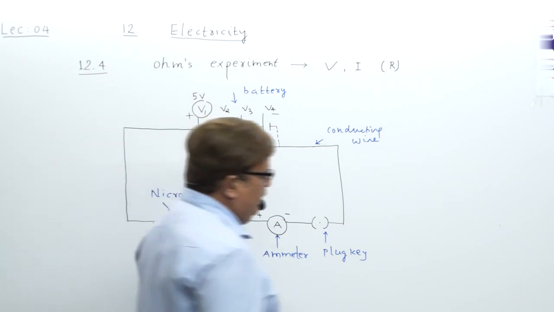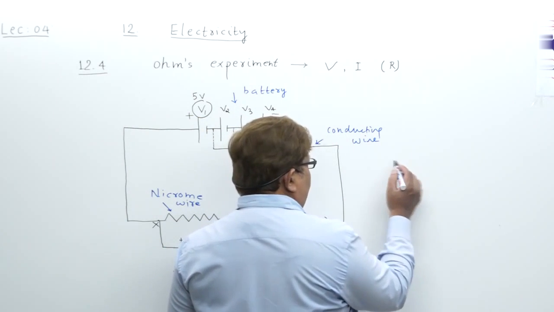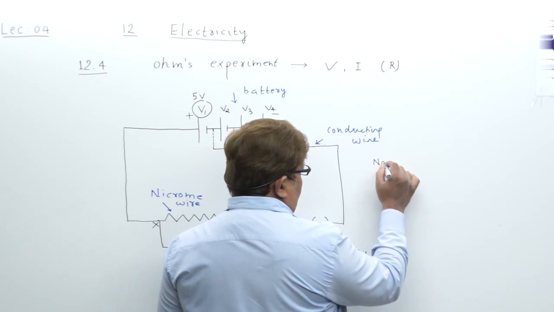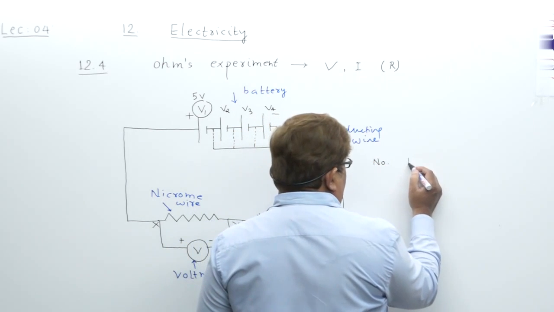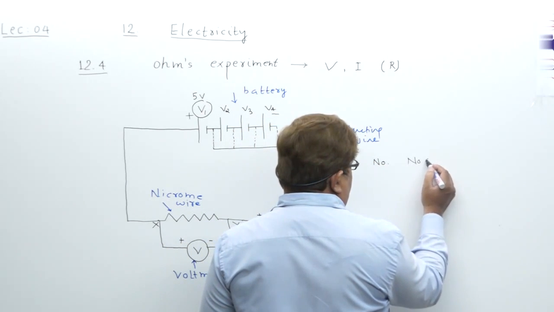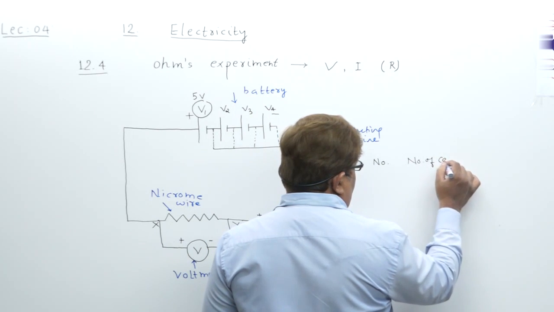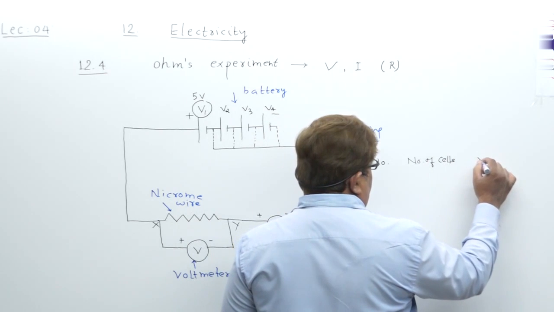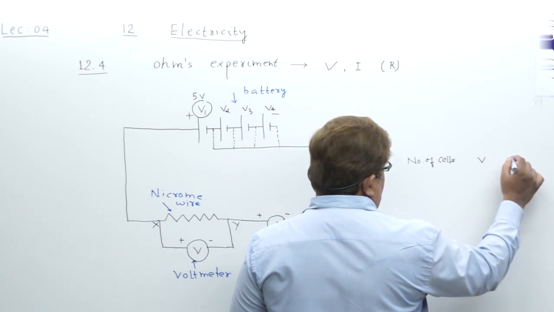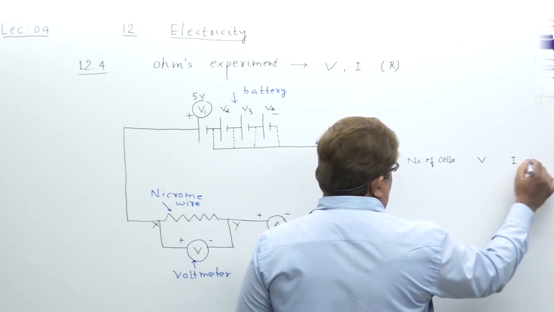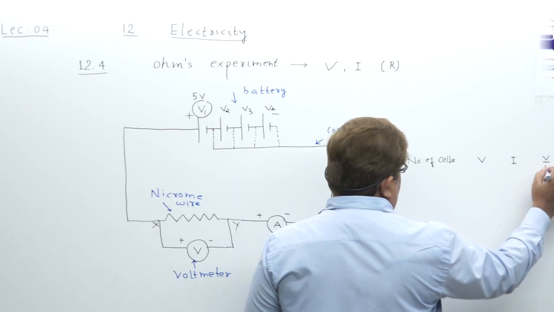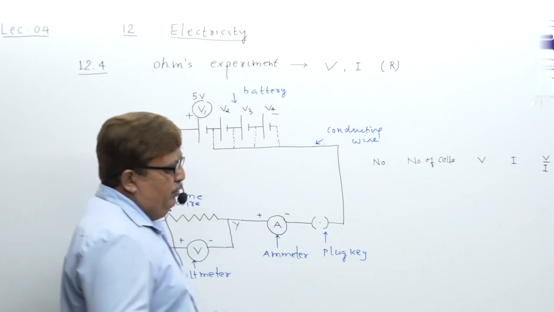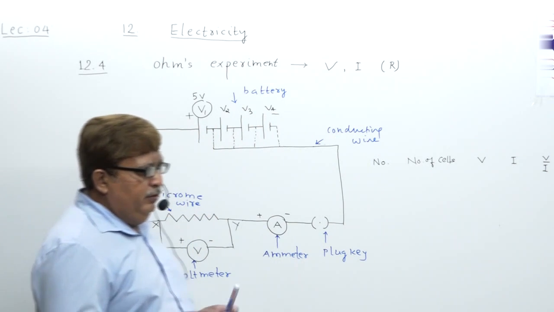Suppose we perform an experiment and note down our observation. Suppose number. Then I write number of cells connected. Okay. Suppose number of cells, then reading in voltmeter, reading in I, and at last I take the ratio of V upon I. We are not actually performing the experiment in the laboratory just now.